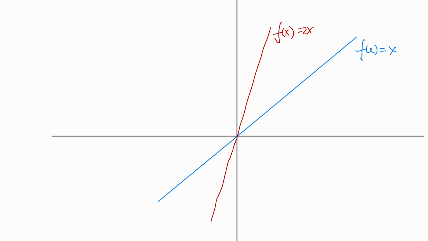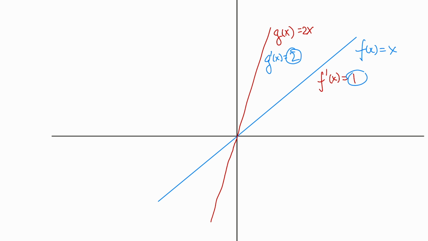Obviously, the slope is constant in a linear function, so we definitely get that f prime of x is equal to 1 at all points, and g prime of x is equal to 2 at all points. So that is definitely k times.